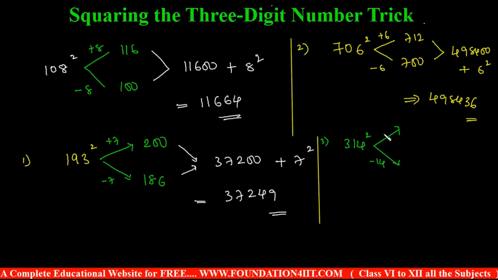If it is minus 14, then plus 14, right? 314 plus 14 is 328, and the other side is 300. So we should do 328 into 3. 300 into 3 is 900, plus 20 into 3 is 60, 960, plus 8 into 3 is 24, 960 plus 24 is 984. The calculation should be done internally, keeping it in mind.